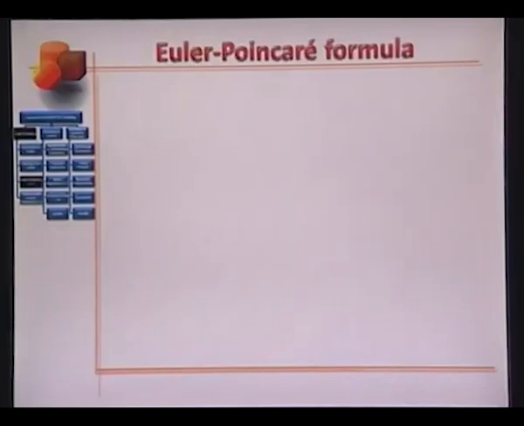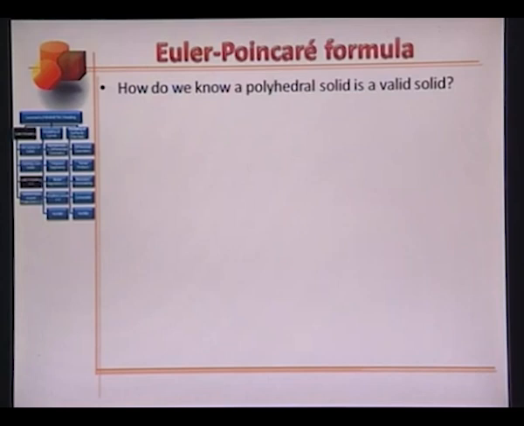Euler-Poincare formula. This is used to answer whether a polyhedral solid is a valid solid. The formula goes like V minus E plus F minus (L minus F) minus 2 times (S minus G) equals 0.